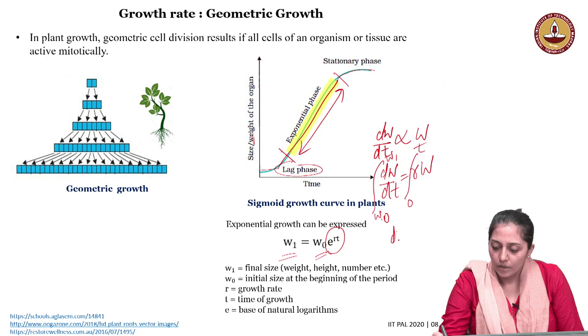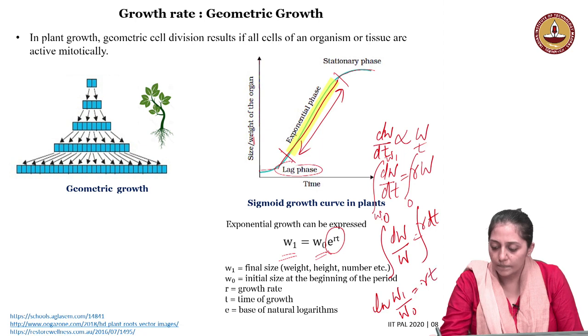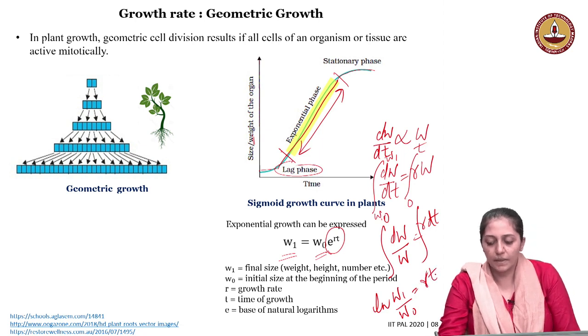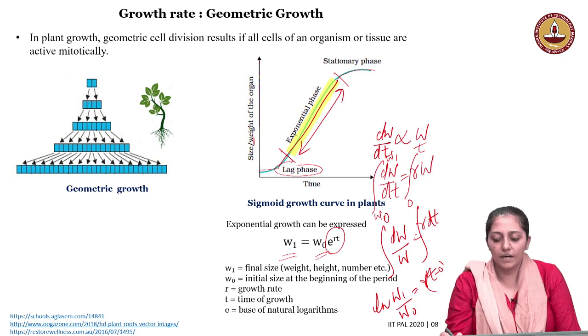If you integrate this, you will get ln of W1 by W naught is equal to r times t minus 0, so we can say rt.